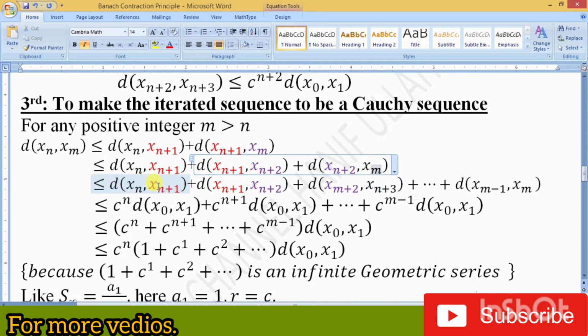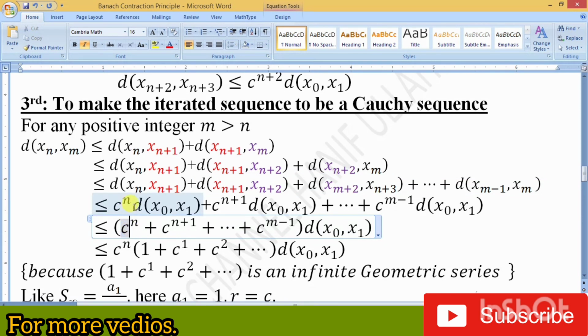And in the third step, we apply the triangular inequality m minus n times with the same mechanism, using the third property of a metric space, and put all these values together. We get c to the power n times the distance function of x0 and x1, then c to the power n+1 times the distance function of x0 and x1, and so on.